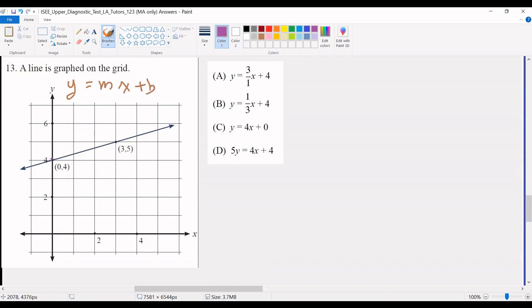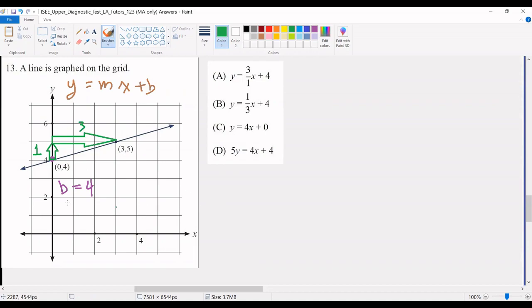In this case, we see that our y-intercept is (0, 4), so our b value here is 4. And we can use this to help us find our slope. Slope is the rise, how much we go up by, and our run, how much we go left and right by. In this case, we're rising by 1, because we went from 4 to 5, and we ran by 3.